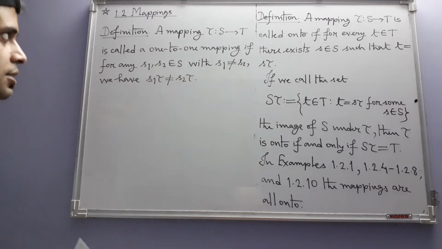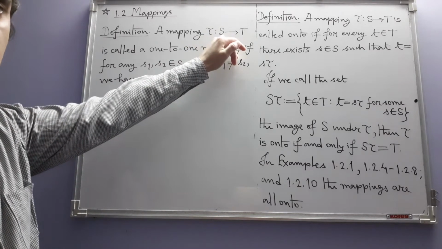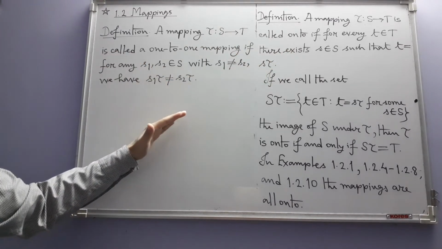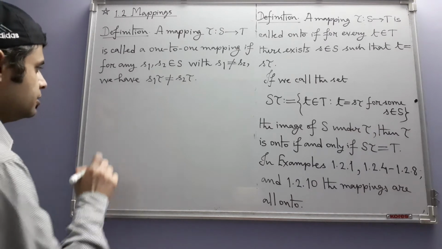That is, if distinct elements in the first set have distinct images in the second set, then we say that the mapping is one-to-one or injective.